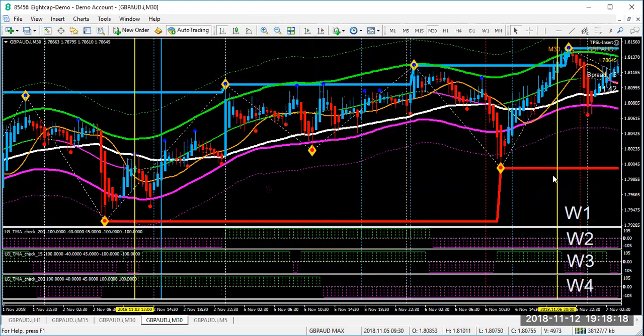Okay, so in that space between those 2 yellow lines, pretty much we only see 1 red line there because the majority of the momentum's up.